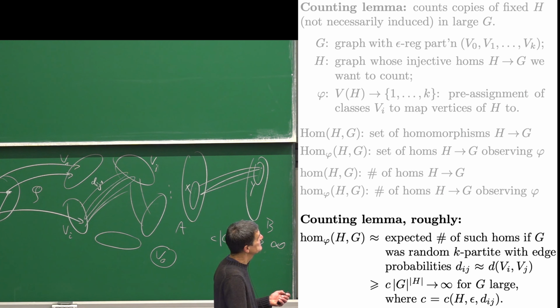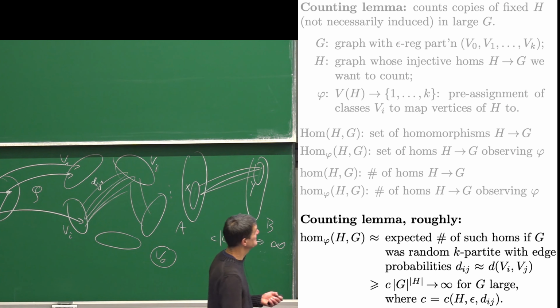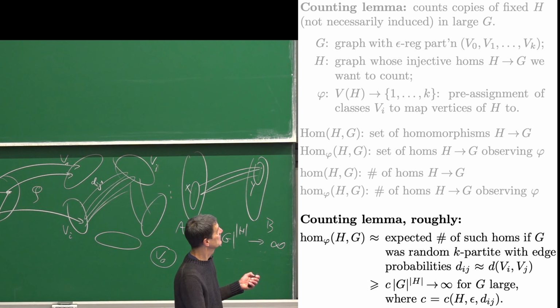That's what the constant c depends on. So in particular, if all these densities are bigger than 0, then this constant will also be bigger than 0. So this will indeed go to infinity as g grows.